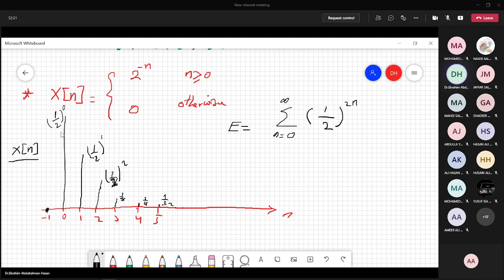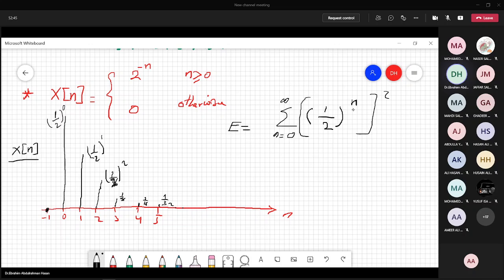ذلك add 0 is equal to only n. Square it, so when this is x of n, this is x of n, so when we square it, then it becomes all to the power of 2. يعني أساساً هي كذي. This is x of n.